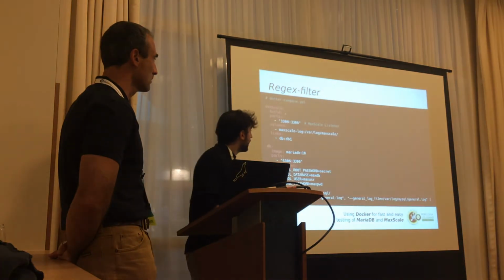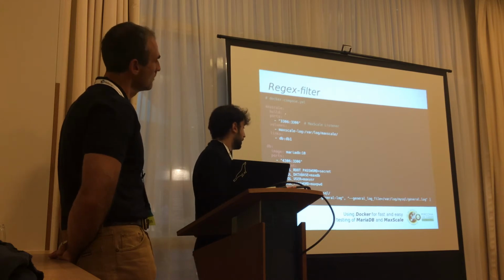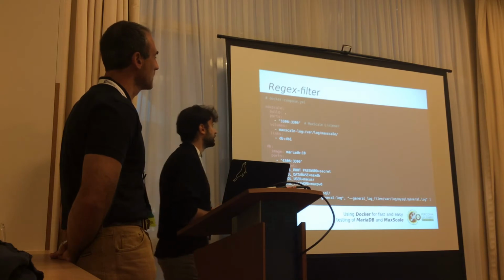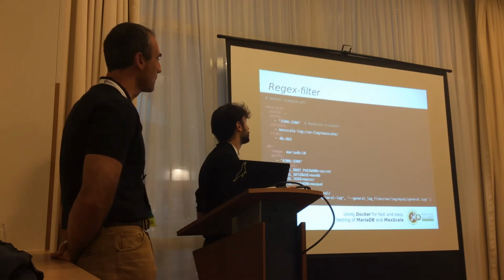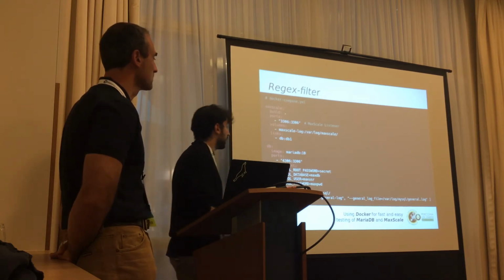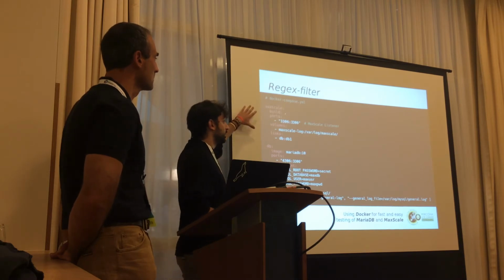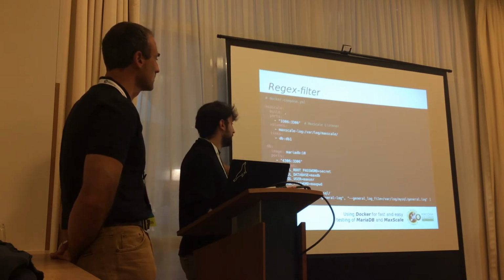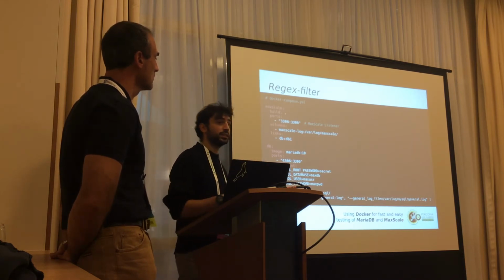I will show you the simple setup that would allow you to test this functionality of MaxScale. We have a MaxScale container that acts as a proxy to the database. This time, for simplicity, we use only one database instance, but you can easily scale.